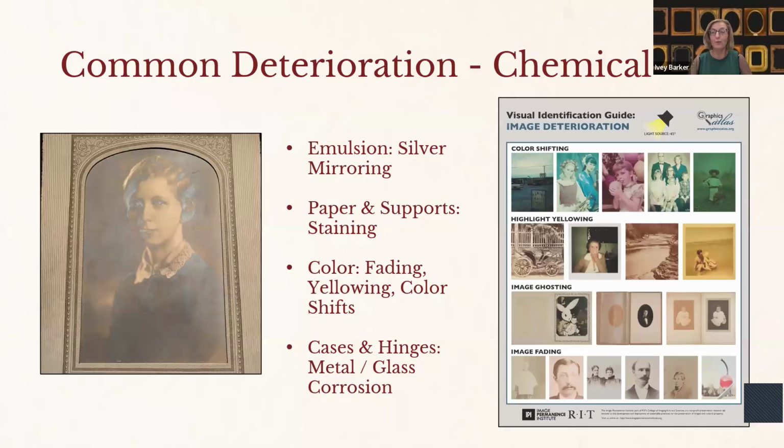So you end up with a full yellow photograph or a full magenta photograph because one of those colors has faded quicker than the others. Highlighting yellowing in the papers, image ghosting, which is the transfer of images to thin paper interleaving. This is very common with platinum prints, and image fading altogether. Next slide.